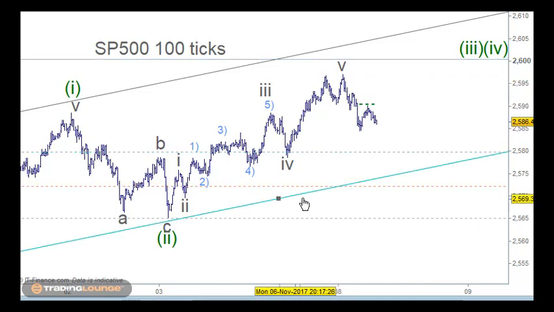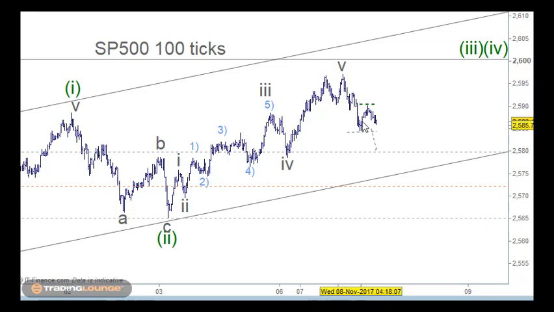And then I need to readjust this once again, just like I did then as well. The main point here is that we are still seeing impulse waves to the upside, and we're not seeing corrective waves to the downside just yet. So if we have that structure coming in below this one here, then we would have 5 waves coming down, and then we would look for an A, a B and a C wave coming back up.